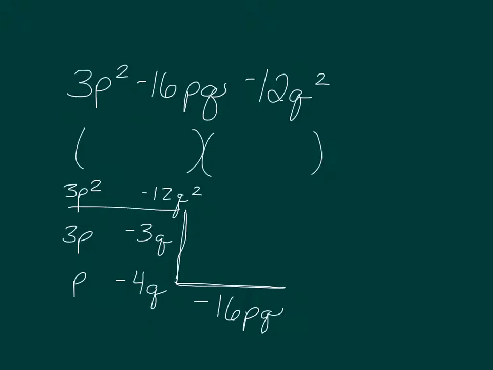Actually, you know what I did? This is a good teachable moment here, because I said negative 12. That doesn't break down into negative 3 and negative 4. Only one of these can be negative. Right? So let's take a look at that again. That's negative 9Q. And that's 4Q. Well, that's even worse. That's just negative 5. So that's not going to work.